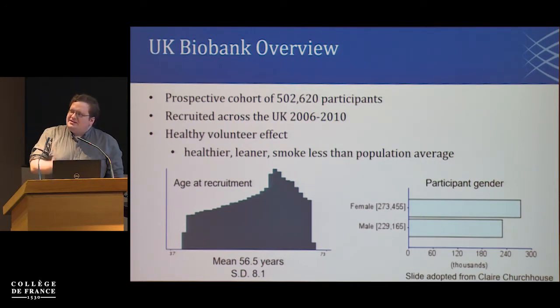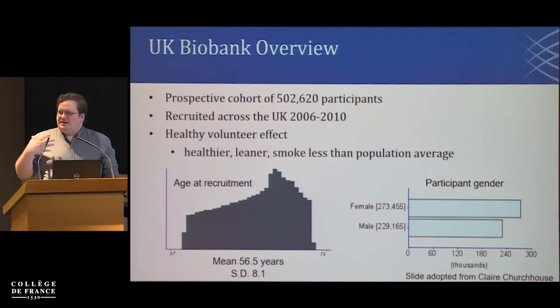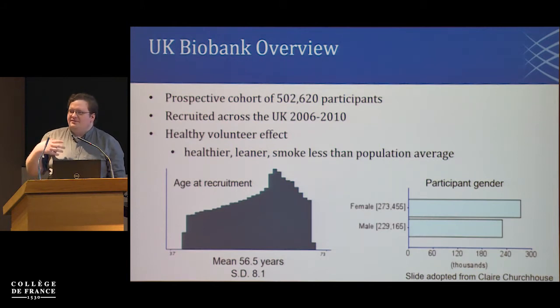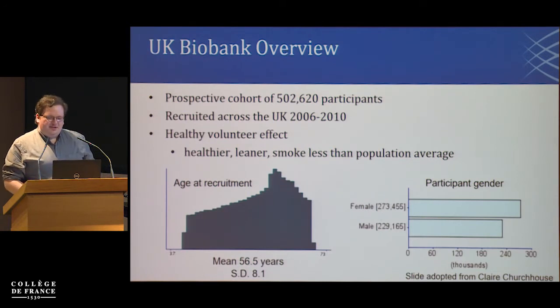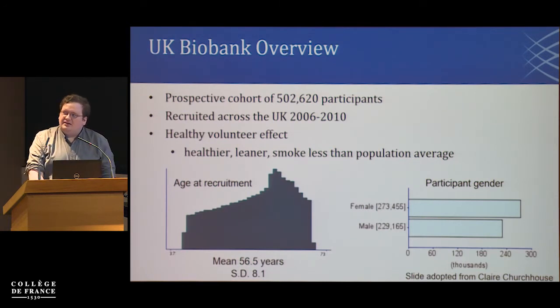Because it was by invitation, and because it was such a fairly intensive process, you have to sit there at the touchscreen for an hour, you have to get your blood drawn, go through all these other measures, there is a tendency that the individuals in UK Biobank appear a little healthier than the average population. There's a great paper by Anna Fry and colleagues in PLOS, doing the comparison of the demographics between this cohort and the UK as a whole in that age range.